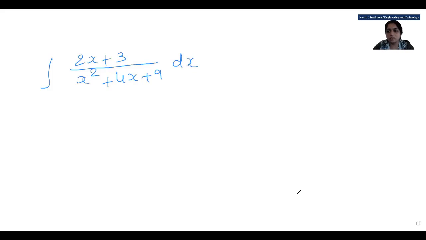Now give me the answer of the question. Anyone? Please give me the answer of this question. How do I integrate my given function?